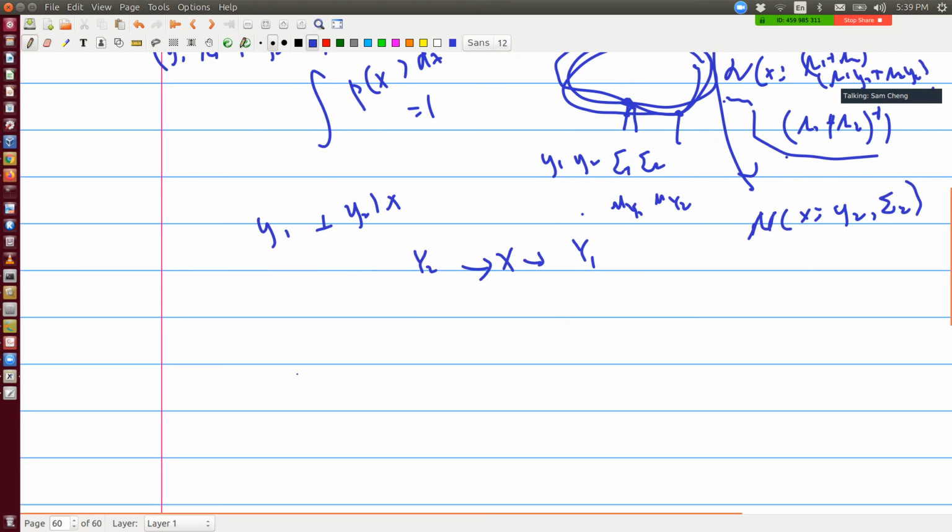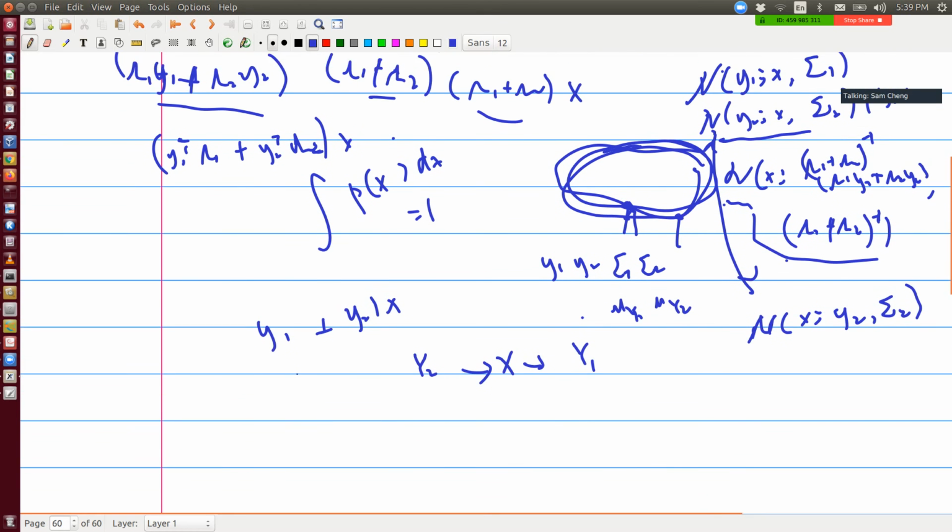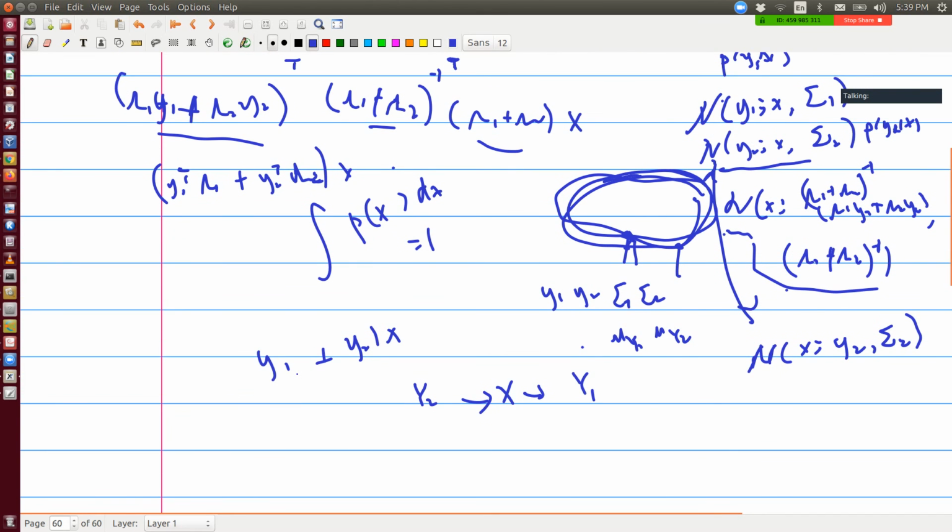If we think of it that way, this one is similar to p(x given y2). You can consider that as a PDF of x given some observation y2.